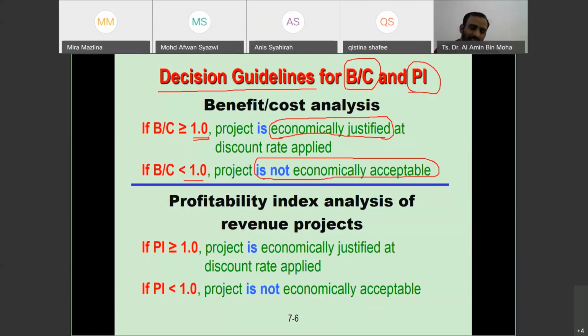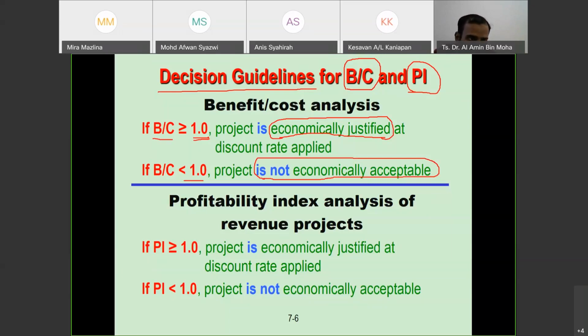And we can clearly see the reason behind it. Why? What do they mean if BC is larger than 1? Anyone? Doctor? Yes. The mean is benefit is more than cost. Yes, exactly. Thank you, Mr. Kesavan.